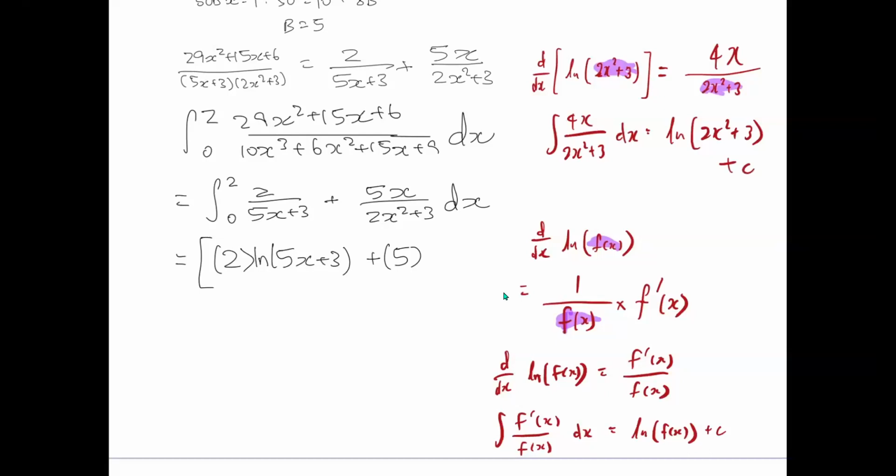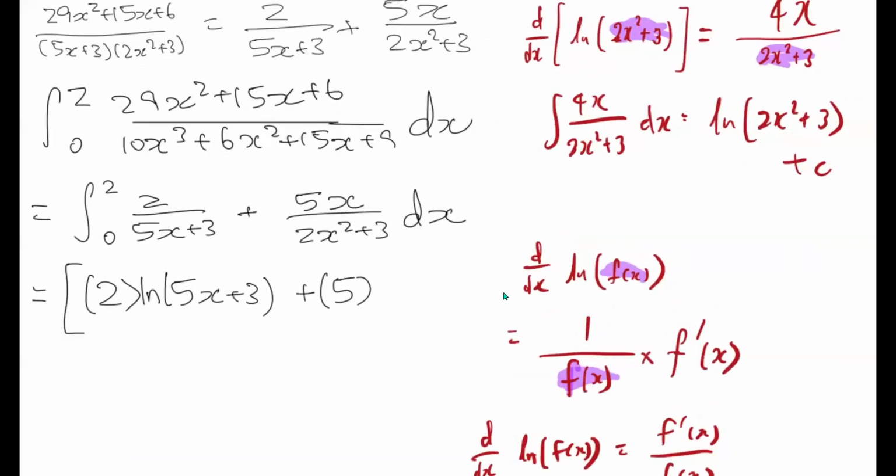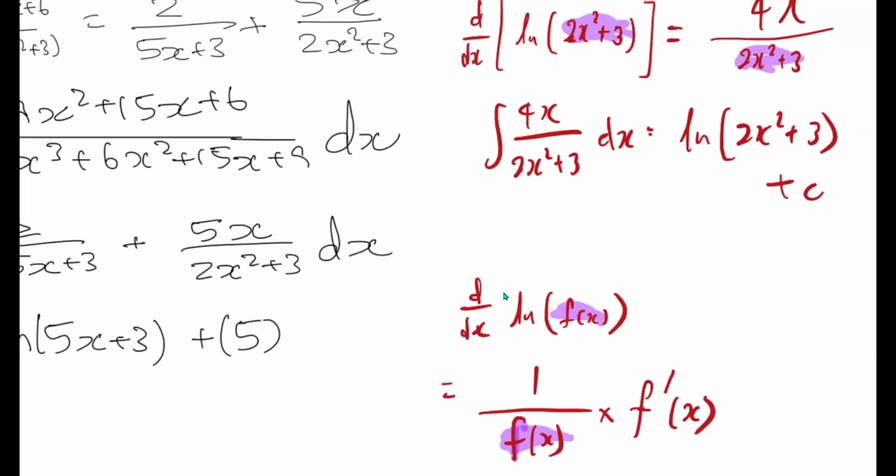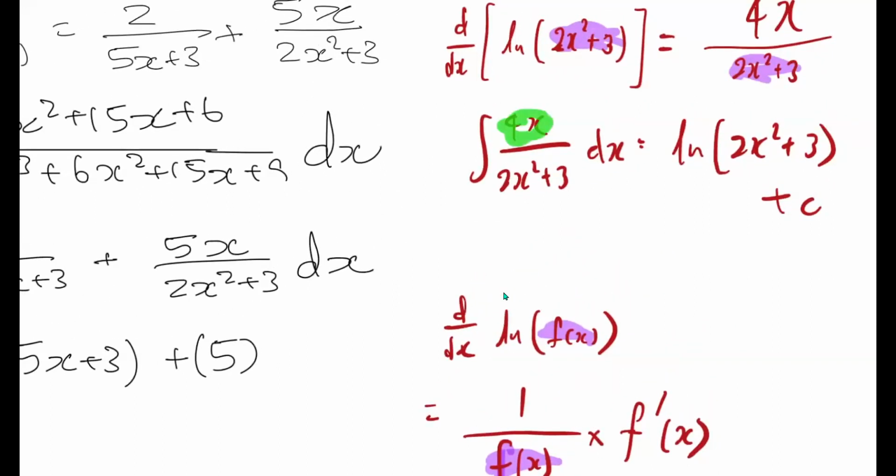And the key idea here is that the top numerator is the derivative of the denominator. Differentiate 2x squared plus 3, you get 4x. So if there's a derivative on top and the original at the denominator, you integrate this whole thing, you get ln of the denominator. Is it clear?